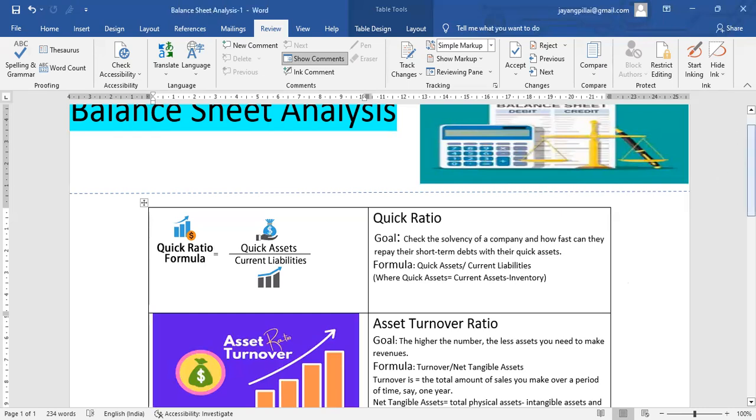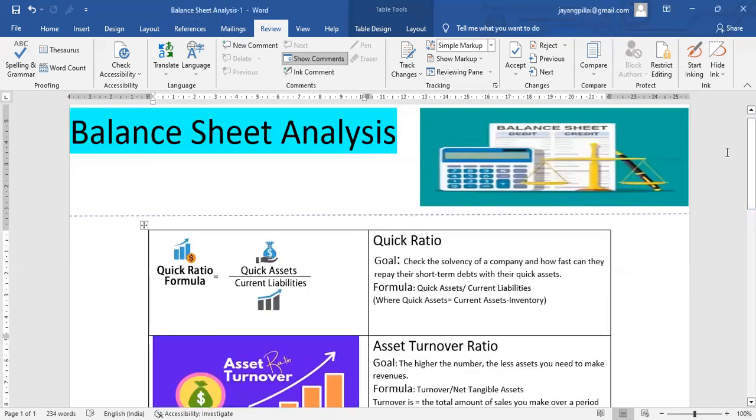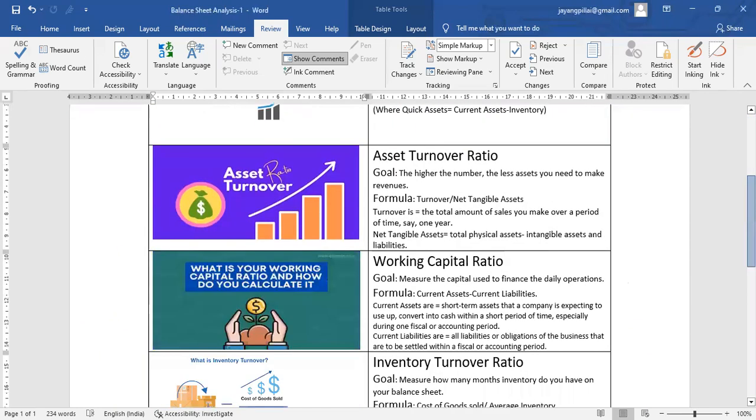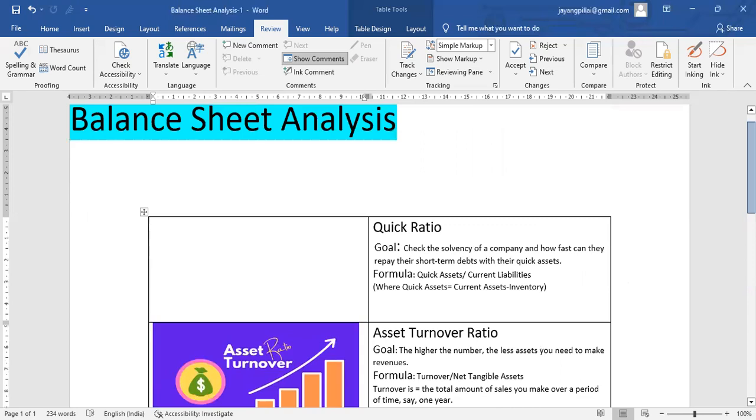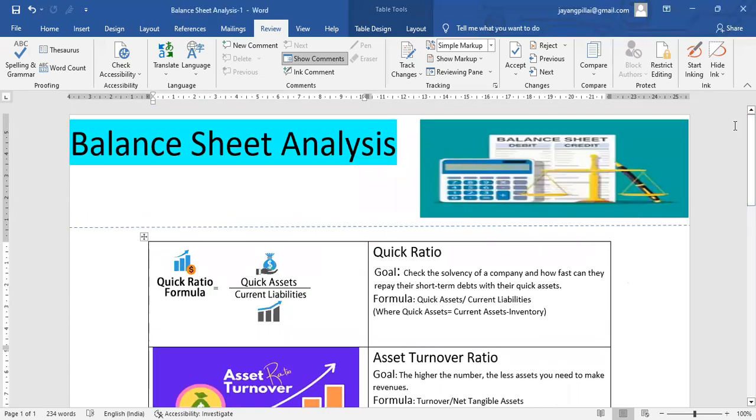some of the ratios which we can find out from the balance sheet and what they are indicating. Here I have mentioned 5 important ratios. They are not complete, but we can have a lot more ratios from analyzing different variables from the balance sheet.